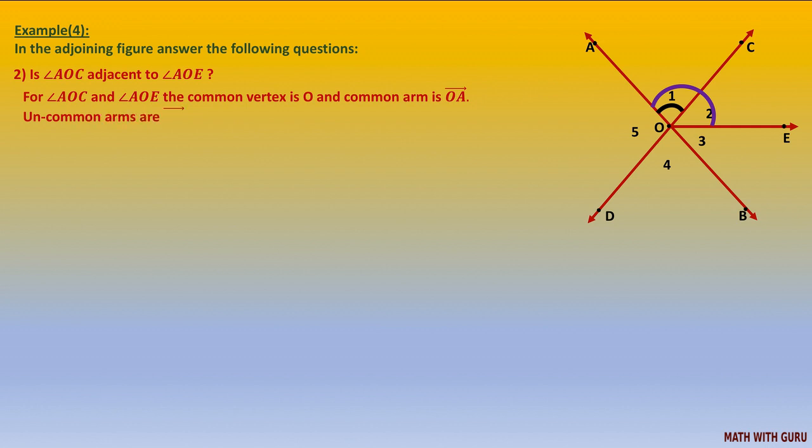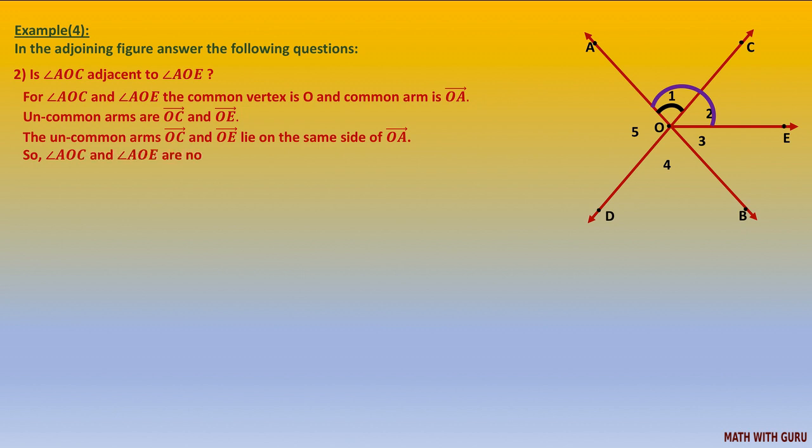Uncommon arms are OC and OE. These are the uncommon arms. The uncommon arms OC and OE lie on the same side of OA. So, angle AOC and angle AOE are not adjacent angles.